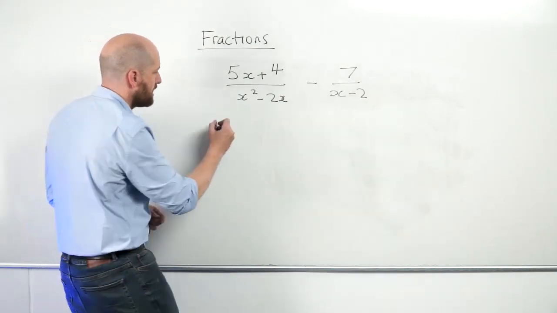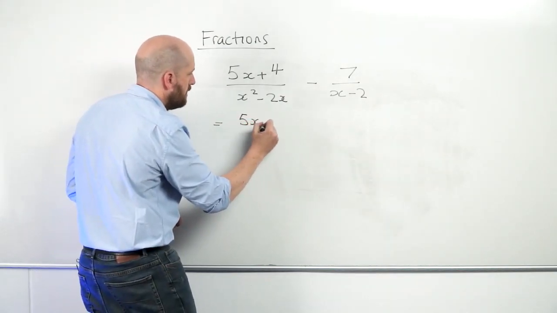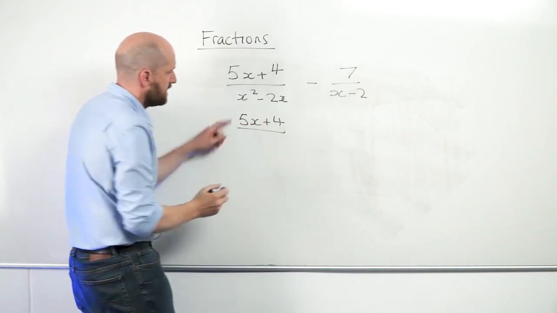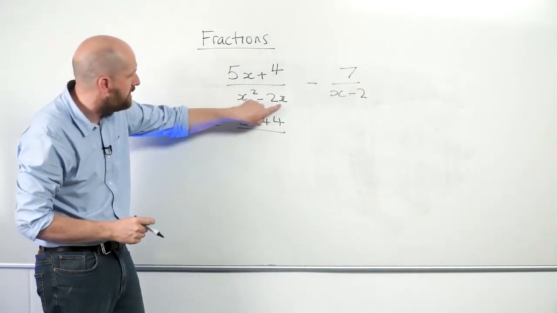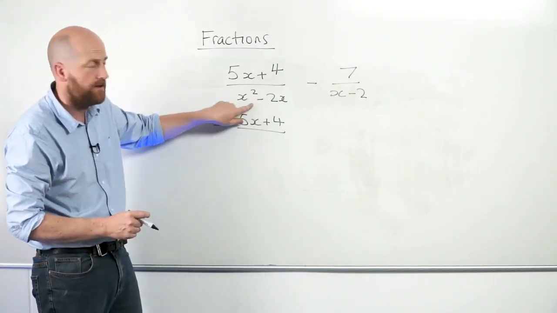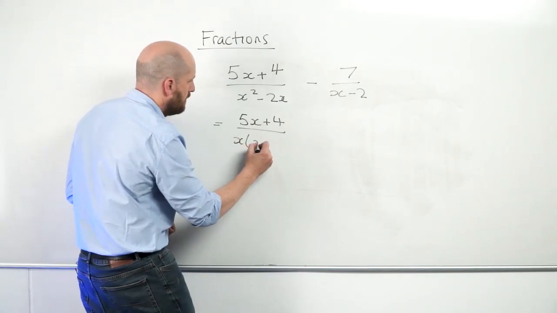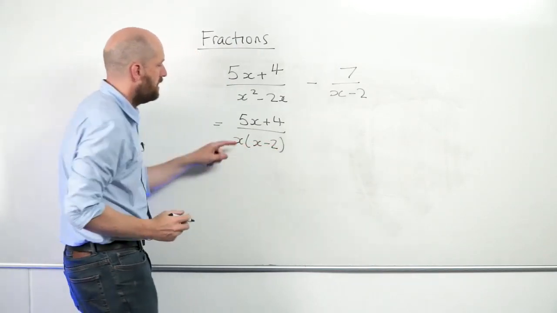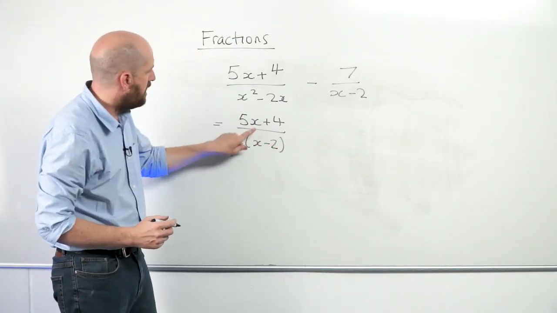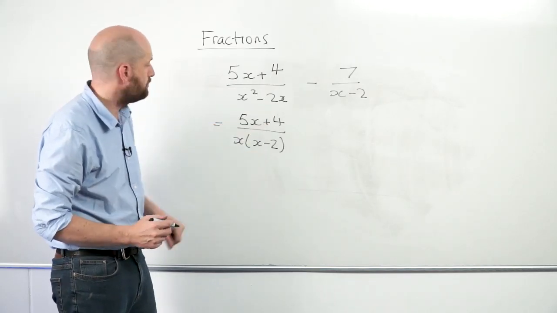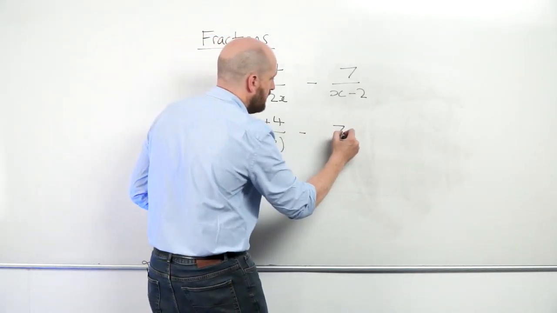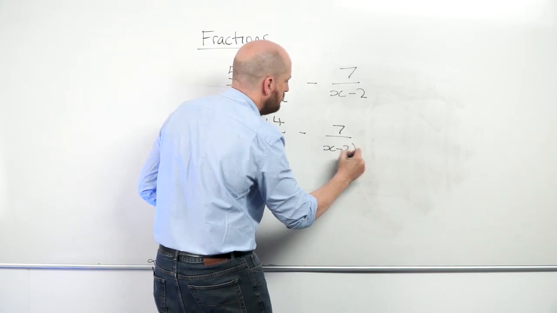So we've learned how to factorize. We look for common factors, and here we have a common factor of x in both of these terms in this denominator. It's x times x and x times minus 2.